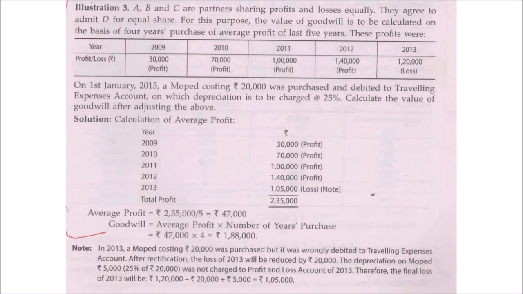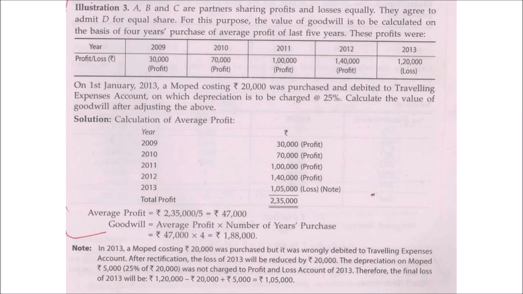In the year 2013, there's a loss. That is the only reason we are subtracting 20,000 from 1,20,000 and adding back the normal loss of rupees 5,000. 5,000 means 20,000 multiplied by 25 divided by 100. That is 25% of 20,000 is equal to 5,000.